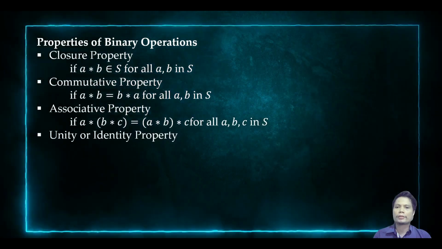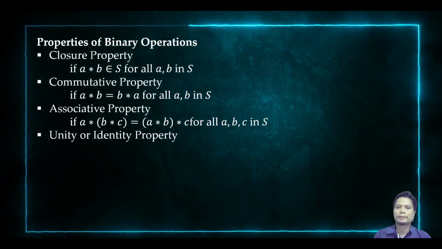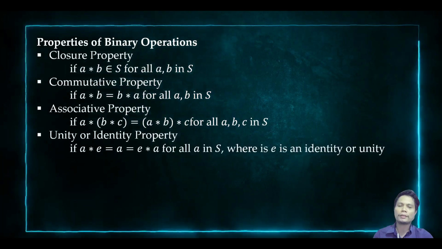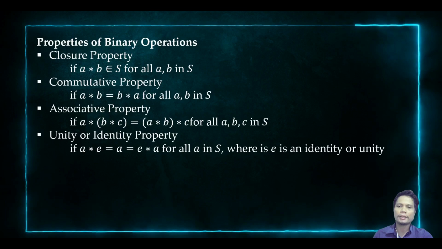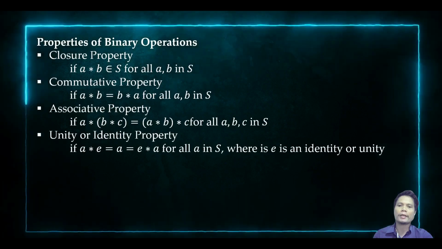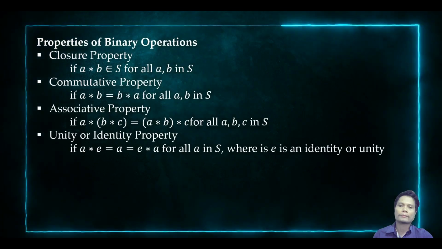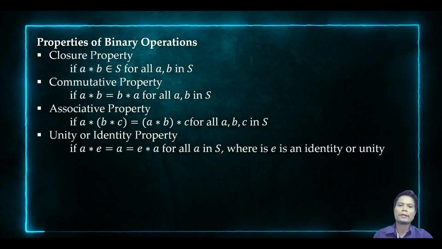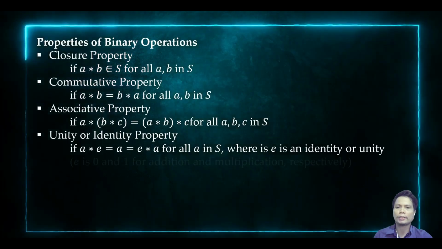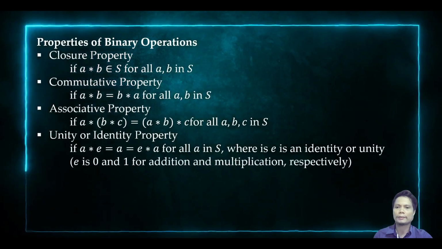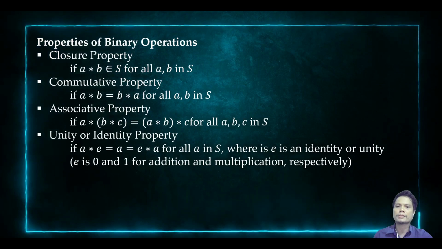Unity or identity property: if a binary operation identity e is equal to a and equal to the identity binary operation a for all a in S, where e is the identity or the unity. e is 0 and 1 for addition and multiplication respectively.